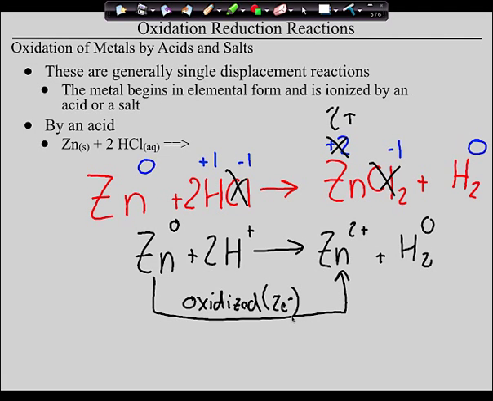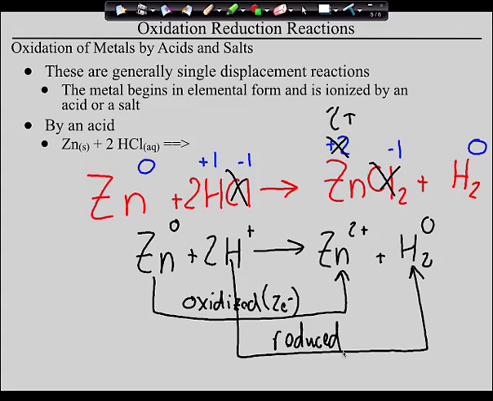Now guys, and this is going to sort of make a mess, but let's look at the hydrogen. Hydrogen went from +1 to 0. So what happened to it? Its charge was reduced. So it was reduced. And how many electrons did it gain?